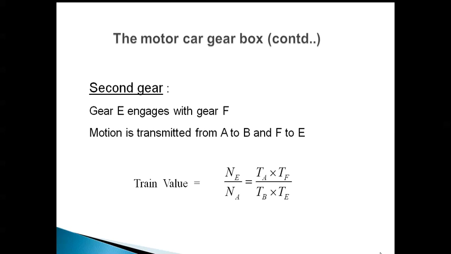Now the train value NE by NA equal to TA into TF by TB into TE. Here A and F will be the drivers, B and E will be the drivens.